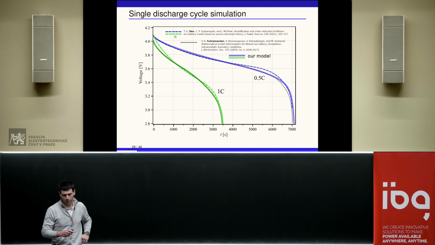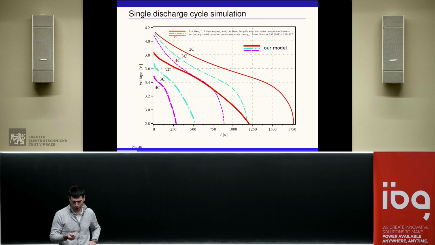For a normal battery and very low discharge currents, we are getting a nice agreement. But for higher discharge currents, the results by Dow, for example, are meaningless, obviously, because there is no internal resistance considered in the cell. Of course, there is always an internal resistance.